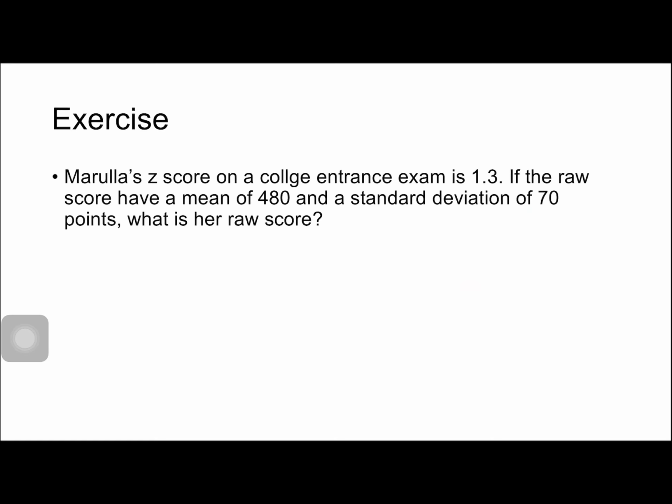Another problem. Marula's z-score on a college entrance exam is 1.3. If raw scores have a mean of 480 and standard deviation of 70 points, what is her raw score? Okay, so we are given z, that is 1.3, our mu of 480, our standard deviation of 70.